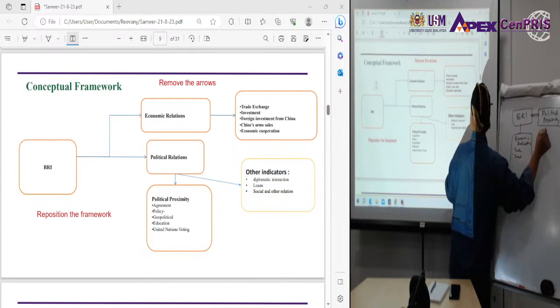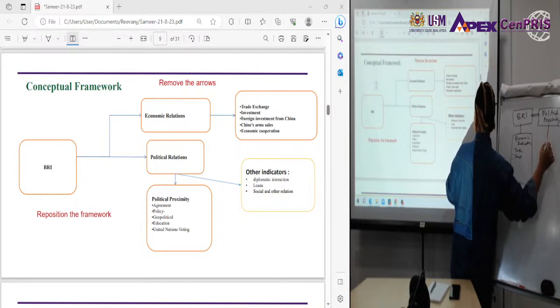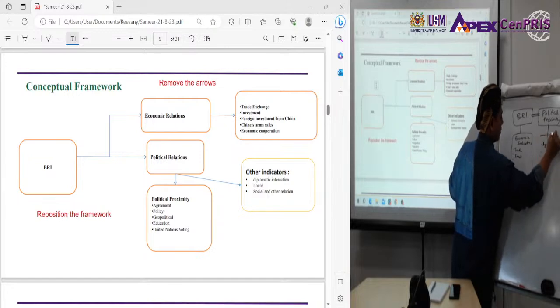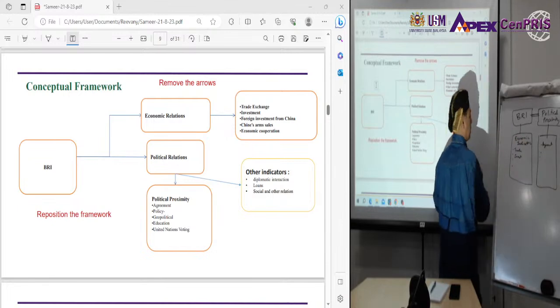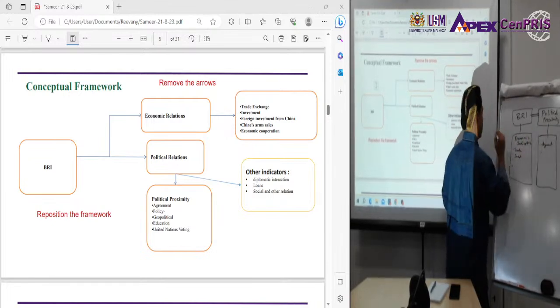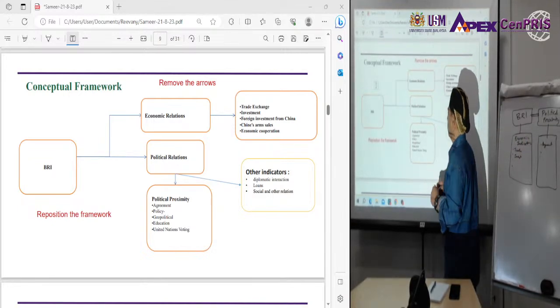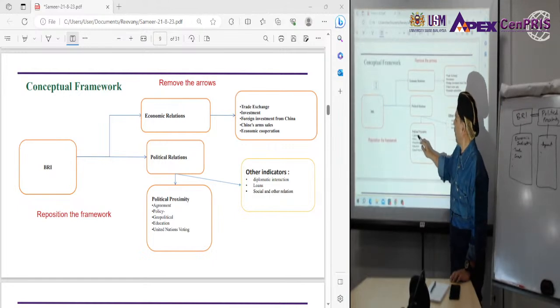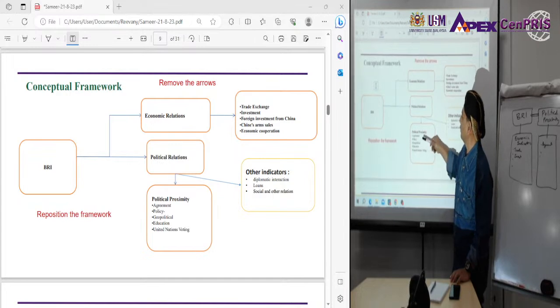And political proximity is all the agreements and all that. Just put it here. Since you actually have only one theme to capture all this, you don't even have to have it there, right?